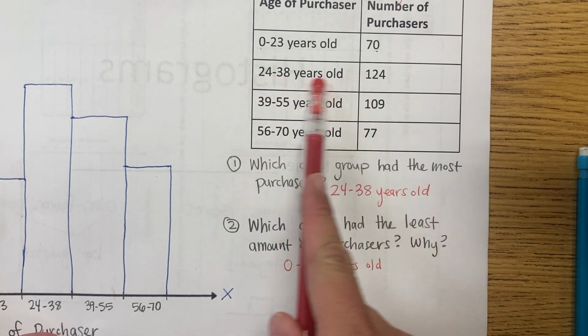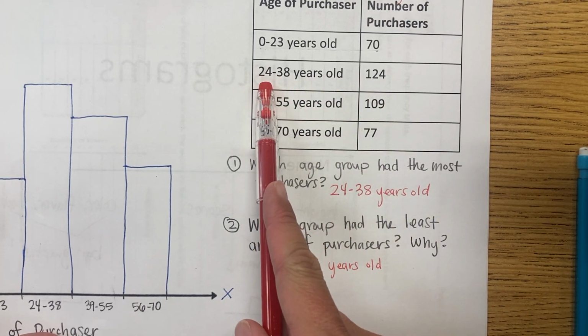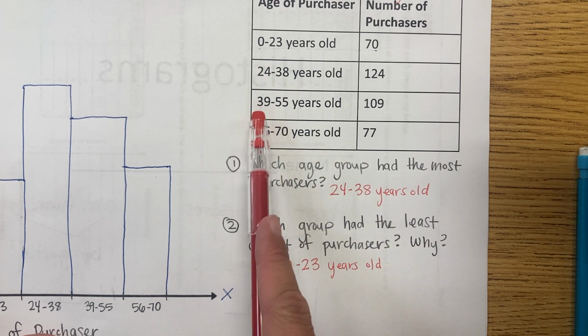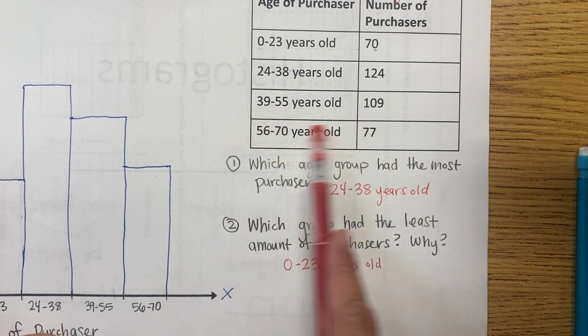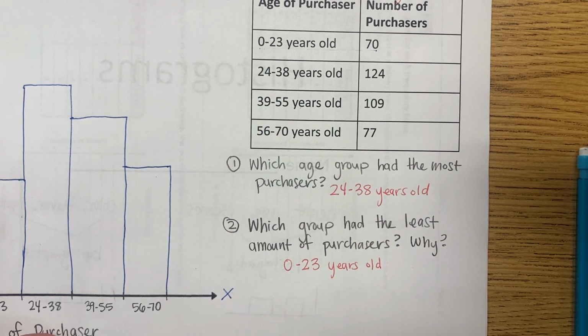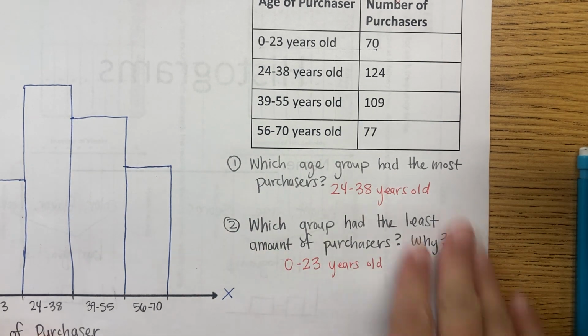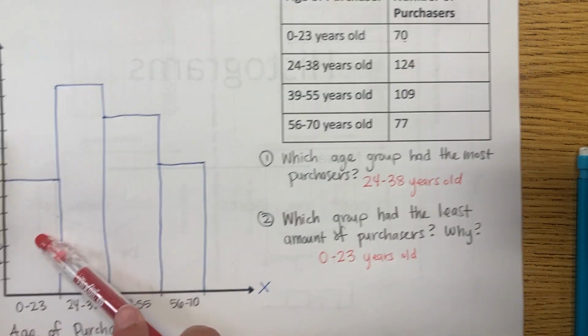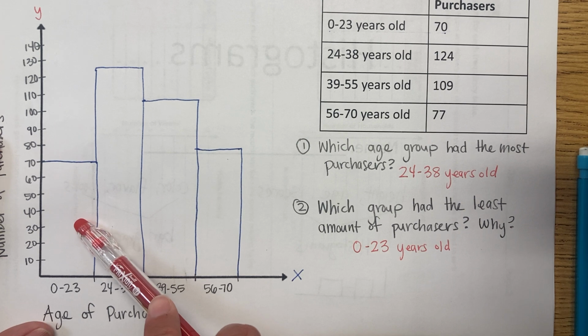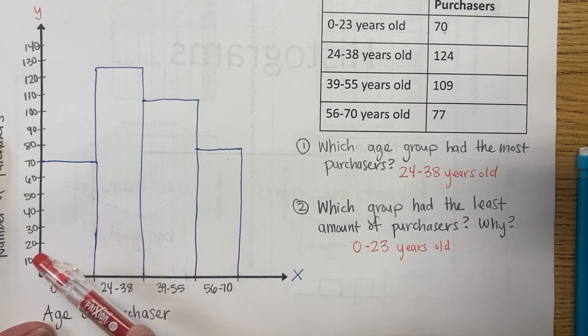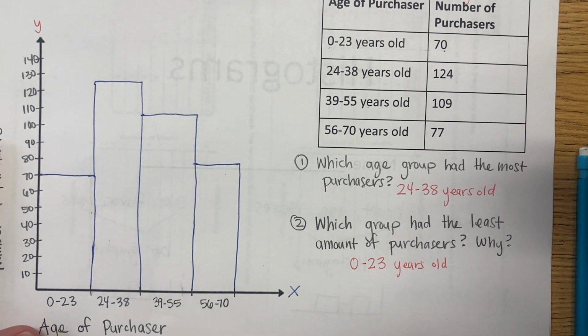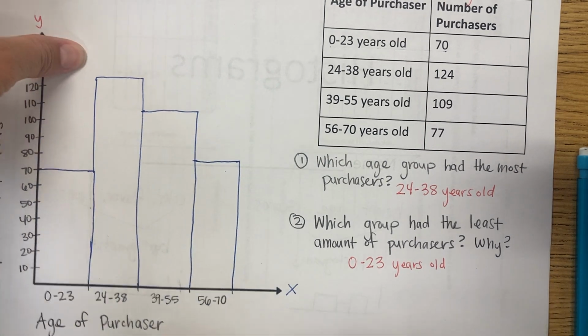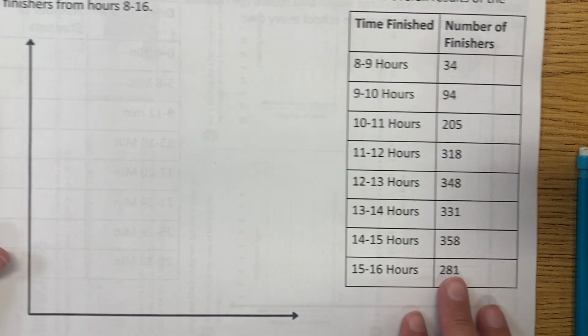Whereas our group right here, this is probably a good age group for parents that might be buying Legos for their children, even in here and moving towards grandparents. But those are all good reasons that help us understand, it's smallest here because probably kids don't have a lot of money to spend on Legos. And who knows if that's gonna always be their first choice. We have lots of different cool toy options. Good job. All right, turn to the next one.